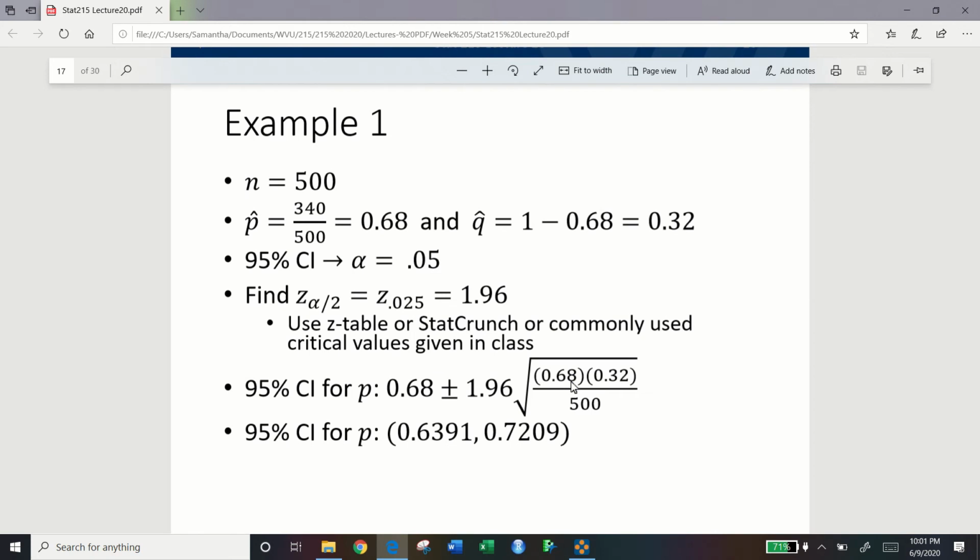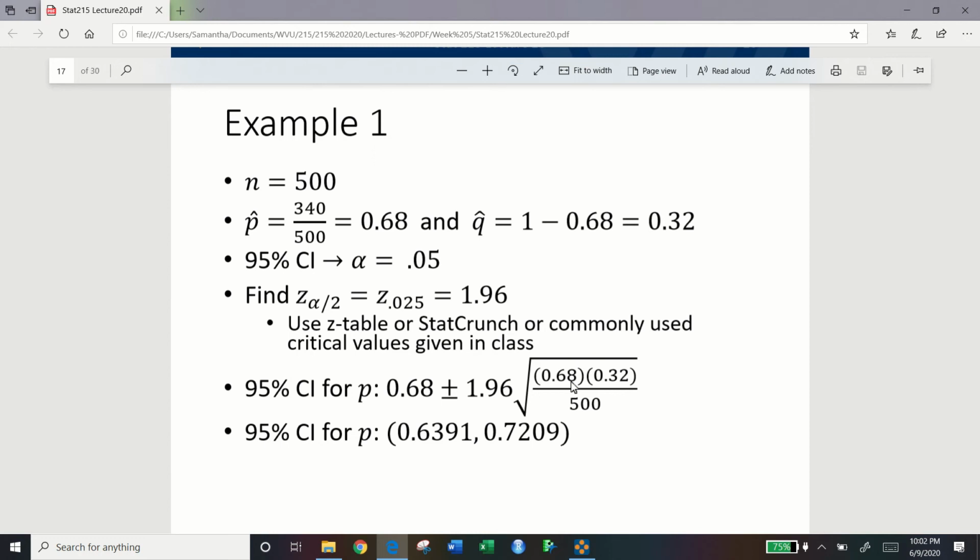Now, first, we need to record what information we have. We have a sample size of n equals 500. Our p-hat is going to be 340 over 500, which is equivalent to 0.68, and q-hat equals 1 minus 0.68, which is equal to 0.32.